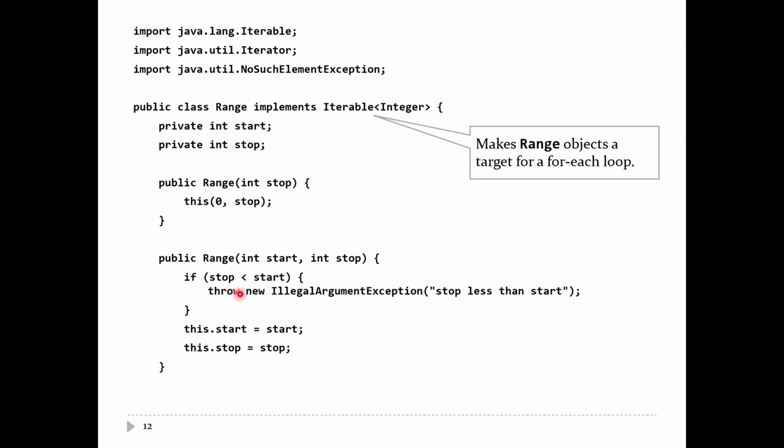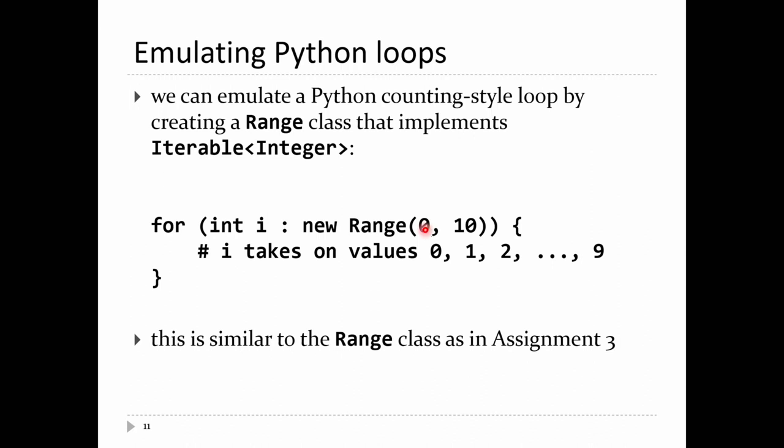The starting value cannot be greater than the stopping value, so start is always less than or equal to stop. This constructor sets this start and this stop to start and stop. So back here, it would set start to 0 and stop to 10.